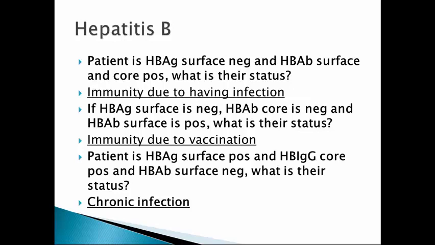And remember, if you go back, we talked about that the core IgG could be positive both in chronic as well as resolved infection. And of course, the fact that their antibody is negative tells you that they've not developed any antibody to this. So this is a chronically infected individual. I hope that was helpful.